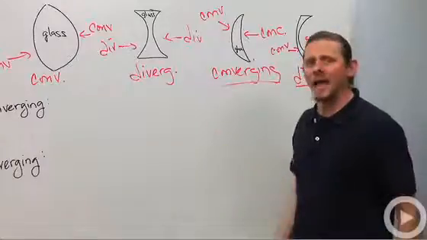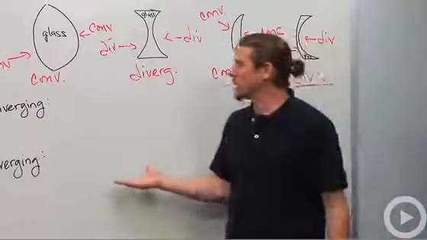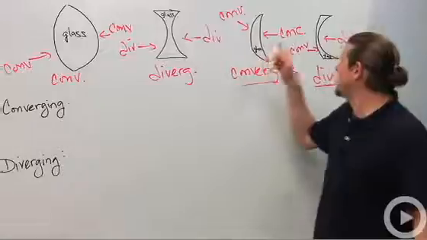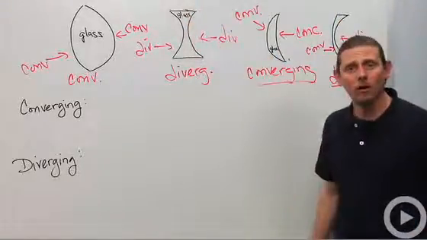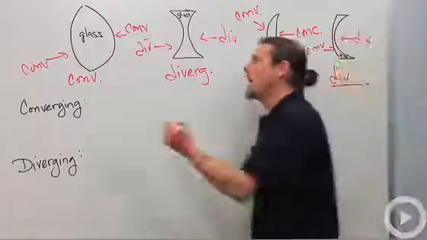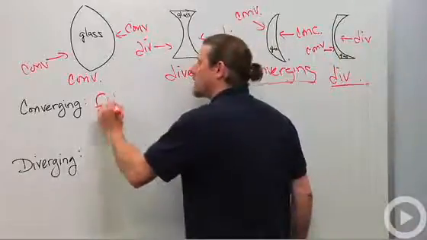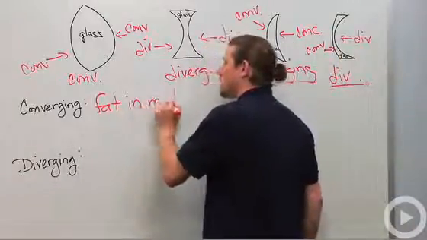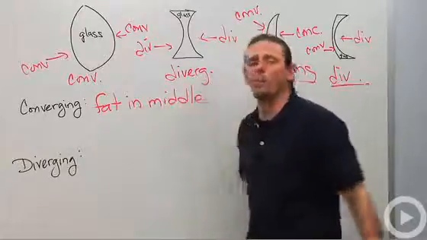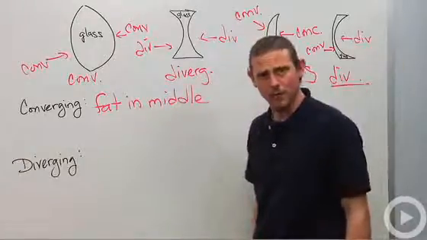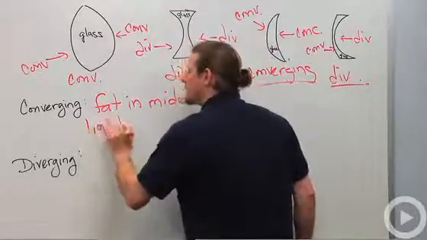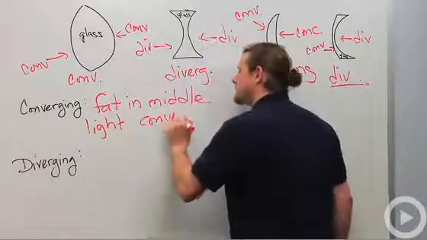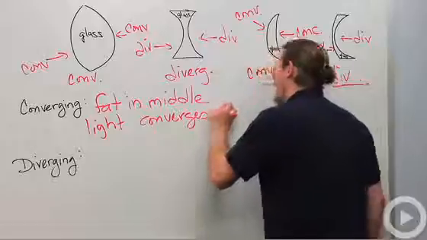Because all we need to say is, is it converging or diverging? Well, is it fat in the middle or thin in the middle? If it's fat in the middle, then it will be a converging lens, all right? And what that will mean is that light converges at the focus.